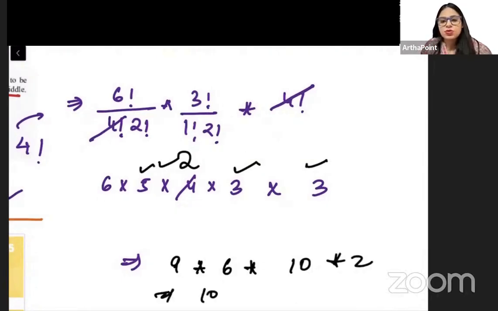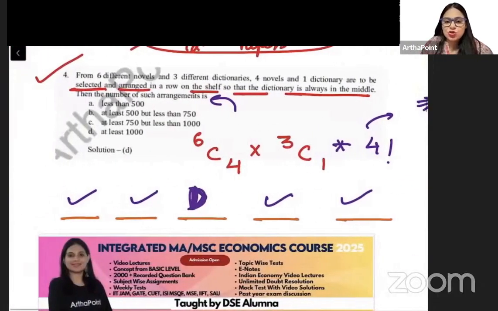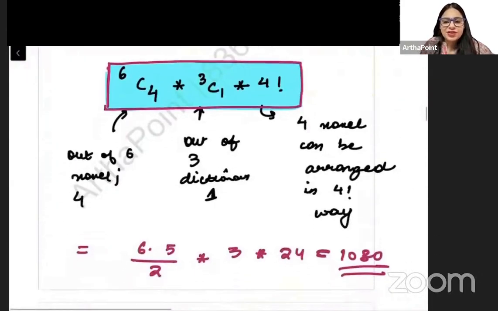So this will be coming out to be 1080. Right? This is the number of ways in which I can arrange them. So that's the answer to this question. Which means more than 1000 ways. So answer is D. Okay.